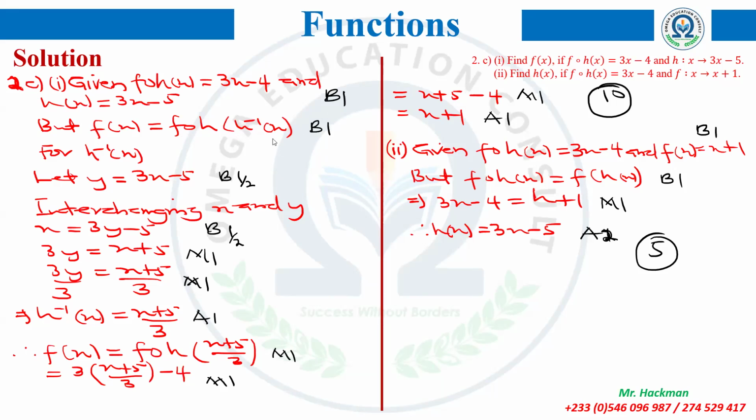Where you interchange x and y, making your process of making the subject, M1, and this one, your A1 for your inverse function. Then where you go and substitute, M1, where you now do the actual substitution into the composite function, also M1. After that, this is also M1, A1.